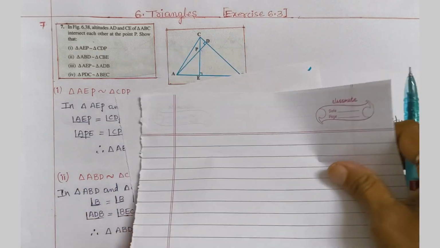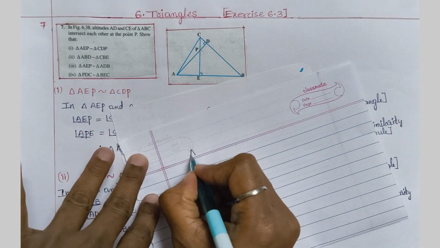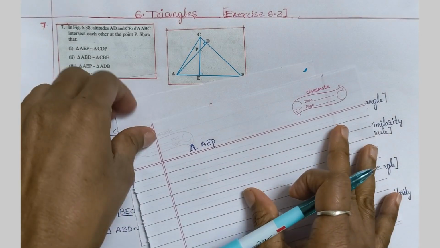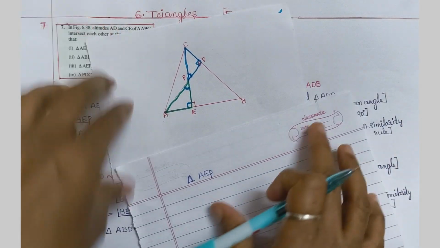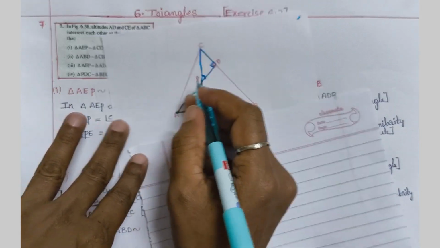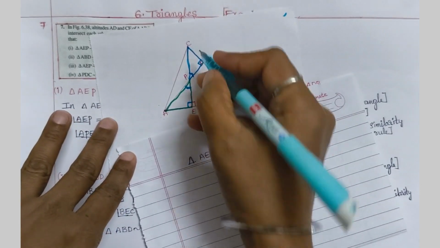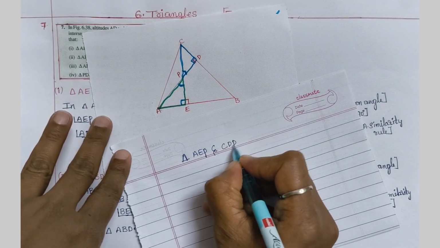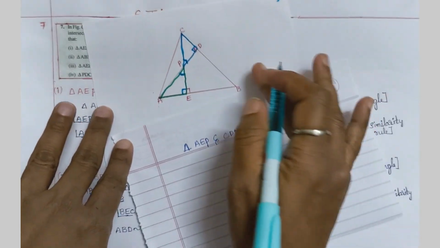Now see here, I will write. Carefully listen. Which triangles are we taking? Triangle AEP and triangle CDP, both triangles we are taking. Here 90 degrees is there, here 90 degrees is there.